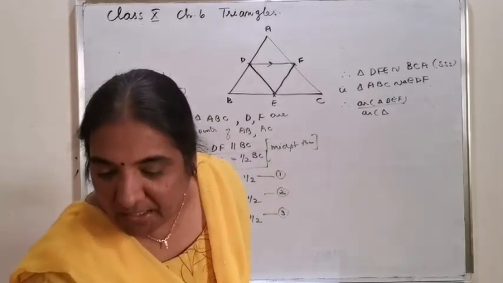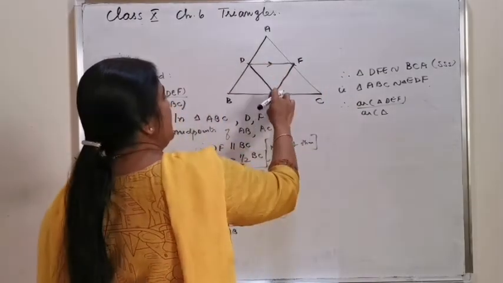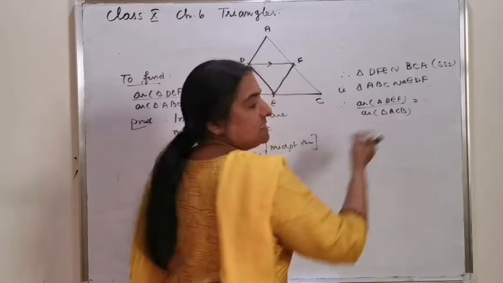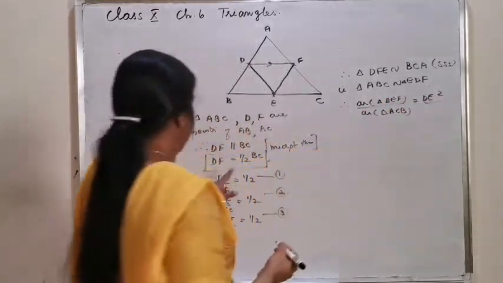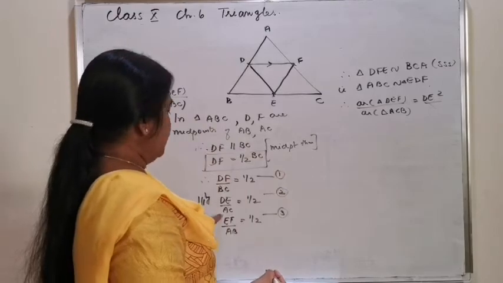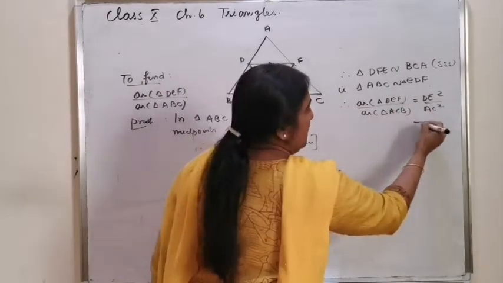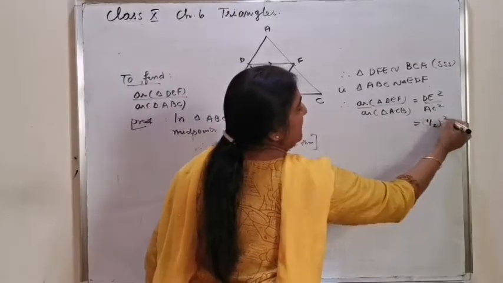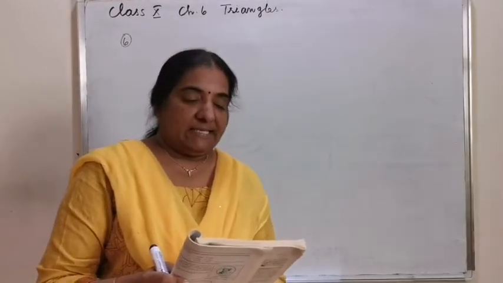Area of triangle DEF by area of triangle ACB is the same as DE square by AC square. You can see the corresponding sides here, which is equal to 1 by 2 the whole square, which is equal to 1 by 4. Question number 6.